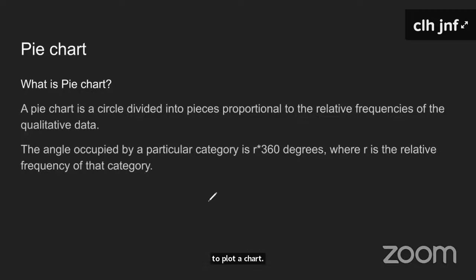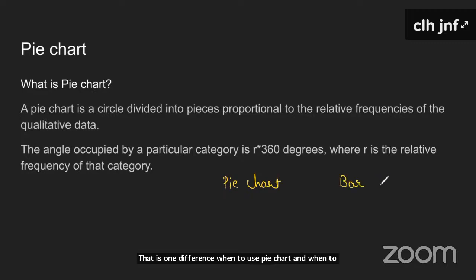So do you remember the main difference between a pie chart and a bar chart? There is one difference about when to use a pie chart and when to use a bar chart. Do you remember? We discussed it in the last session.